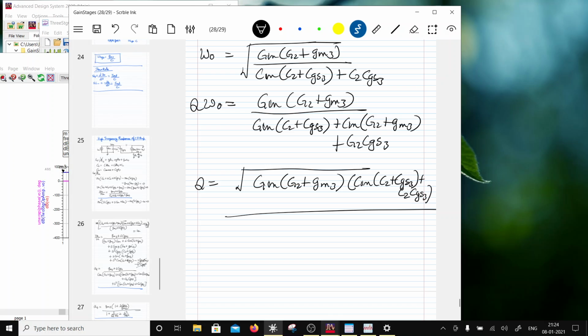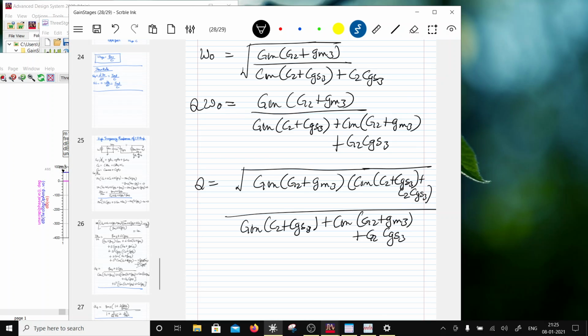This thing divided by G_in (C2 + CGS3) plus C_in (G2 + GM3) plus G2 CGS3.